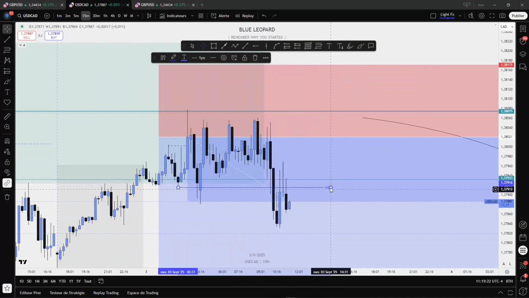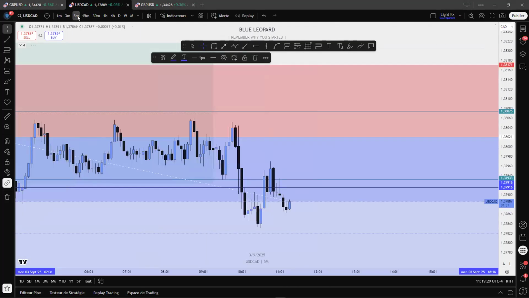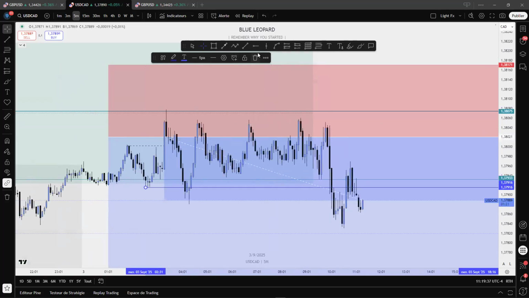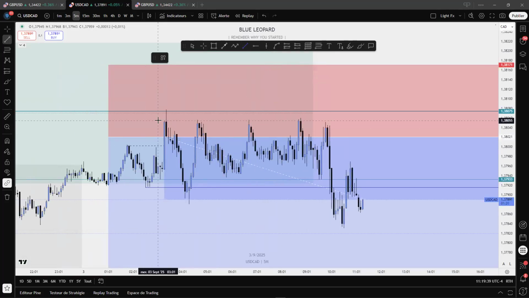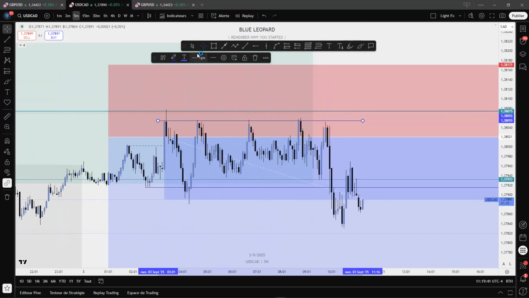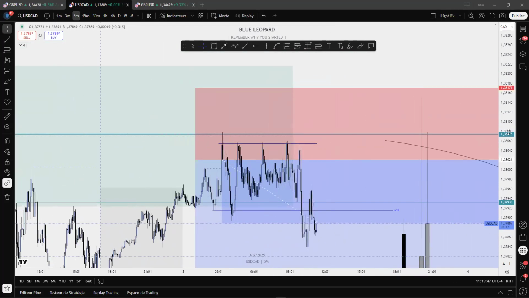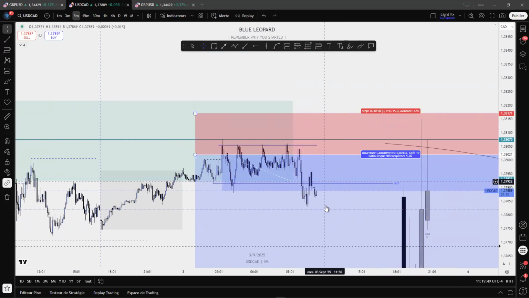Now, from this market structure shift, I can mark on M15 or M5, okay, the last series of candles that took out liquidity here. But you can see why I did not send yet. It's because we still have these highs here untaken. We need to see them taken out before we confirm that we need to drop.